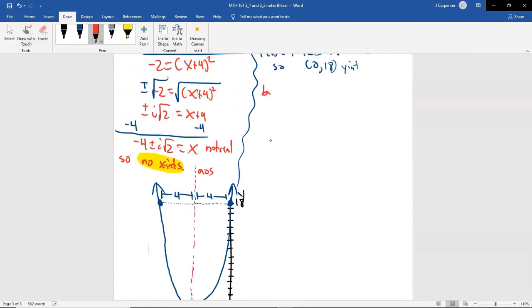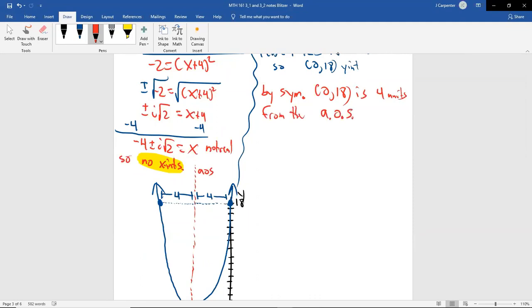All right, so by symmetry, 0, 18, that original point, the y-intercept, is 4 units from the axis of symmetry, AOS.